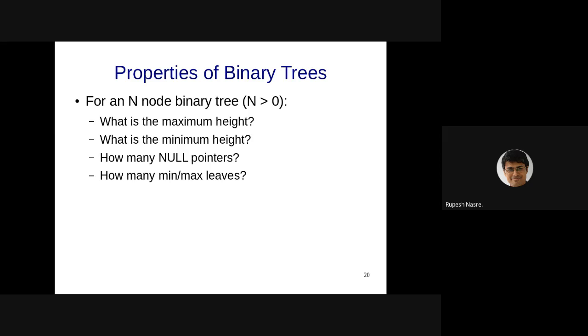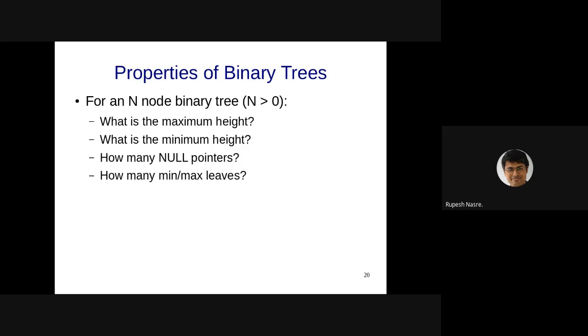So that seems to be reasonable: if you have a complete binary tree with minimum height, then you will have the maximum number of leaves to be n by 2, right? So that gives us some indication of what kind of trees you can construct as a binary tree. Some things vary, right?